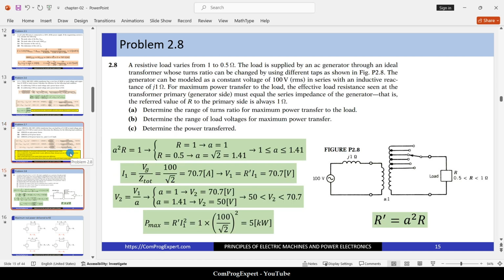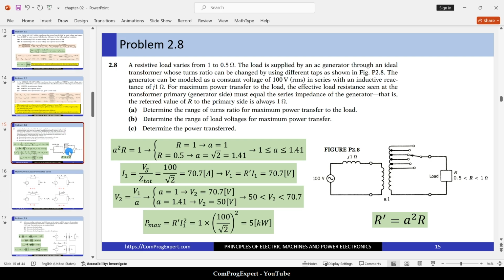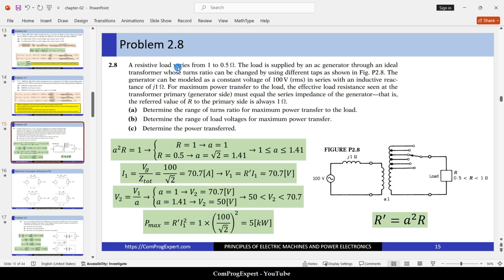So let's go for problem 8. A resistive load varies from 1 to 0.5 ohm. So we have a varying load here, and the load is resistive.